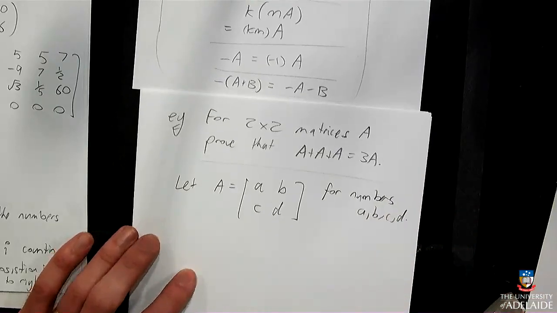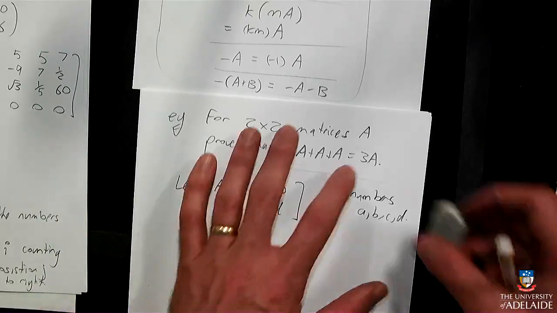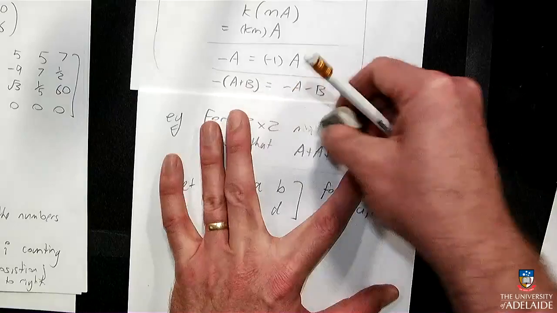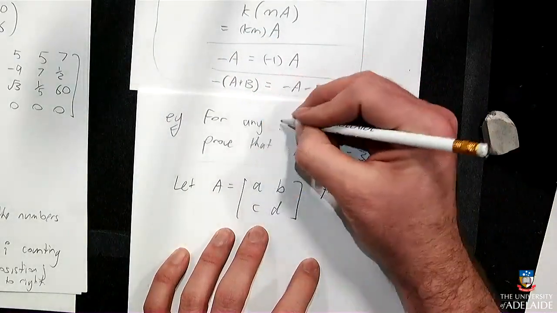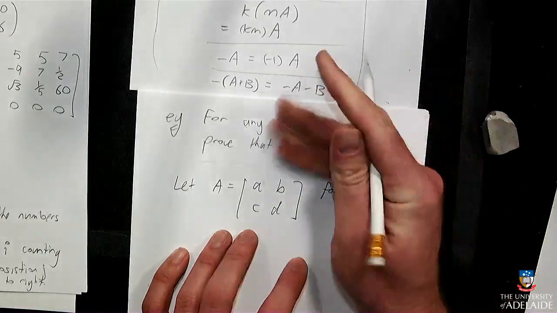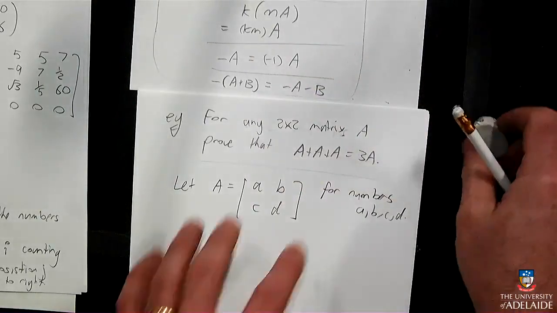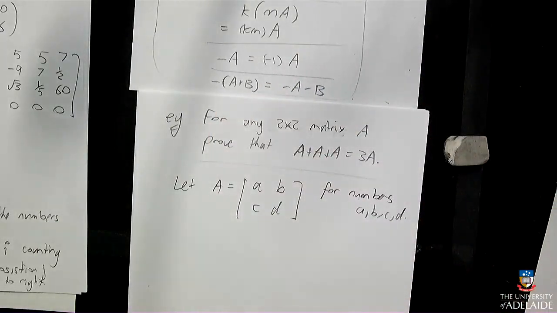Because I want it to show for all 2 by 2 matrices, or for any 2 by 2 matrices, and in fact I should say for any 2 by 2 matrix A, prove that A plus A plus A is 3A. Now, you might think that when it says for any 2 by 2 matrix A, that you can just pick the one you want, because it says any.